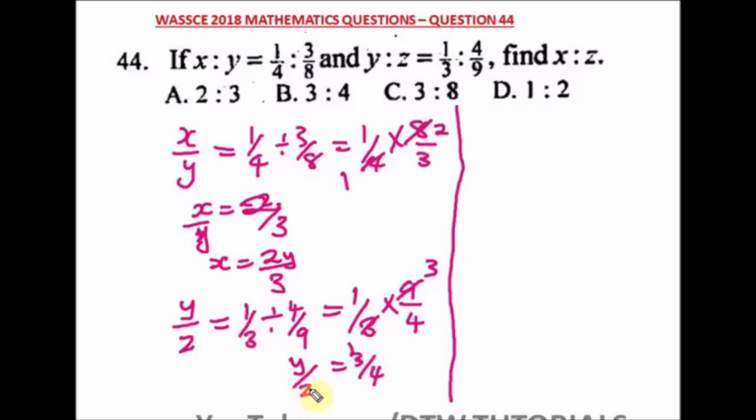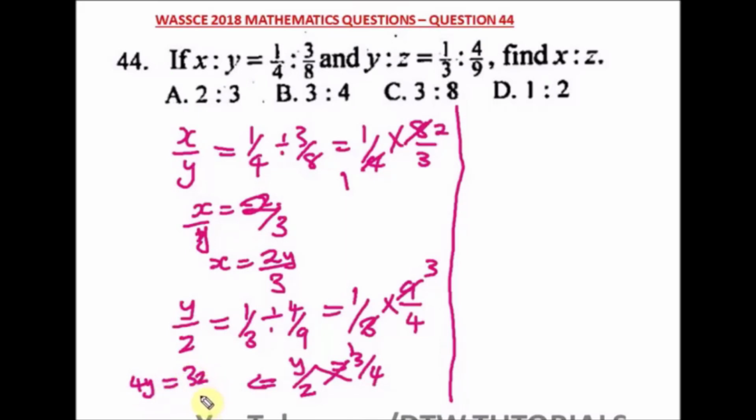So we have to make z the subject of formula here. In making z the subject of formula, what do we do? Let us cross multiply first. In cross multiplying, we have 4y is equal to 3z.